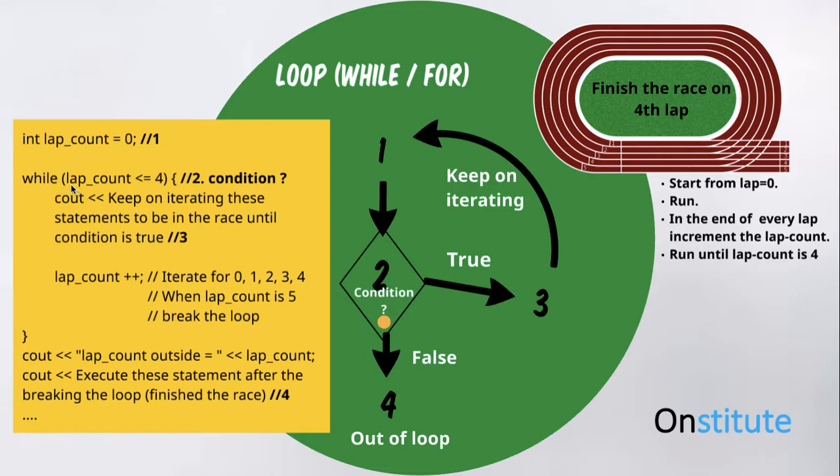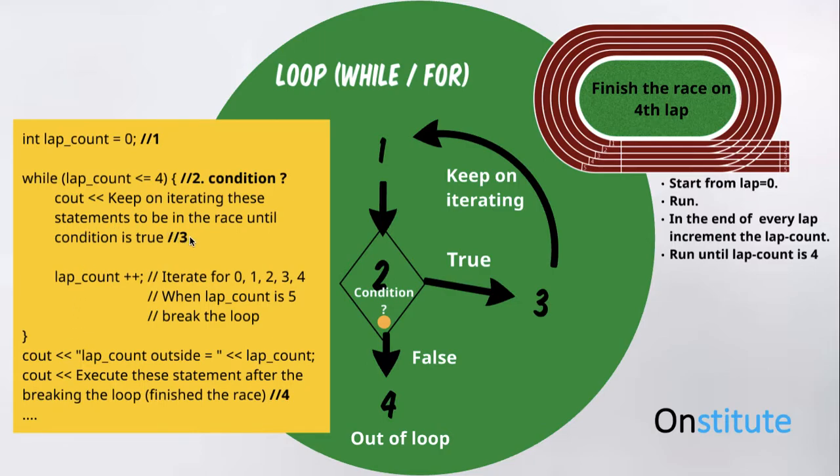That means if the condition, lap count less than equals 4, is true, then the entire code block inside this while block will be executed. And once the condition is false, it will break the loop and come out, and the code segment denoted by 4 outside the loop will be executed.